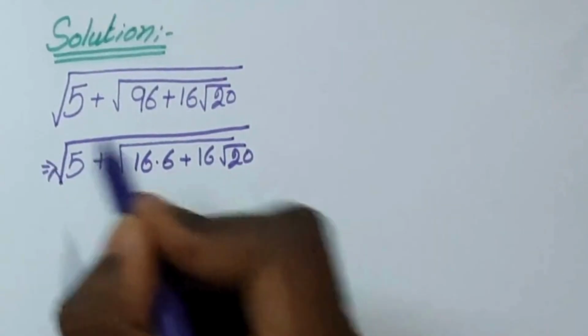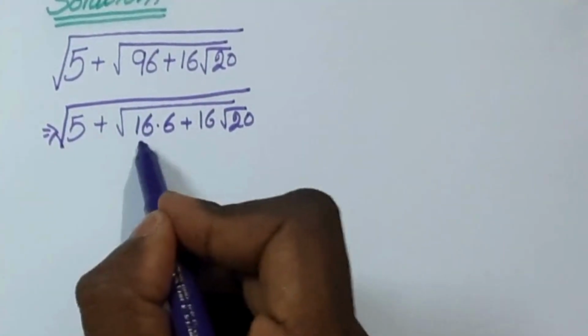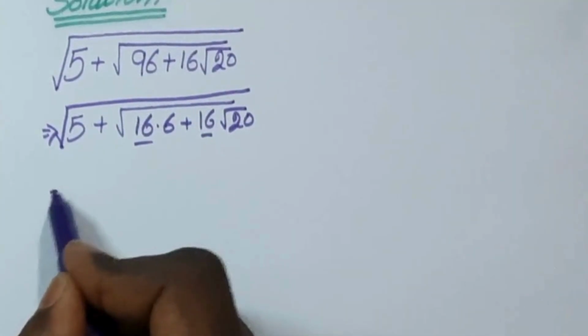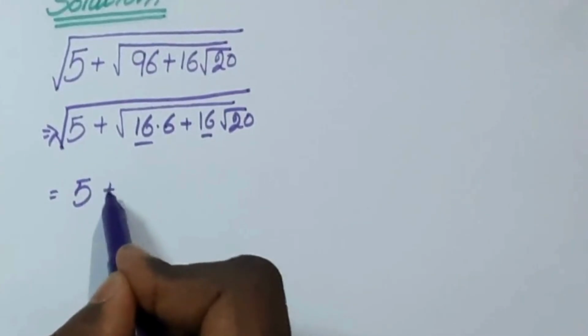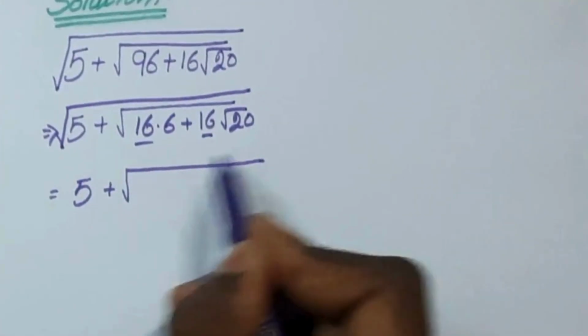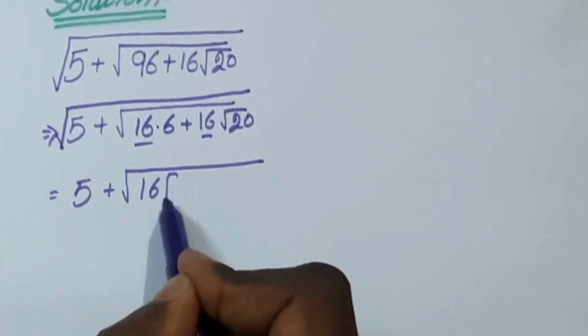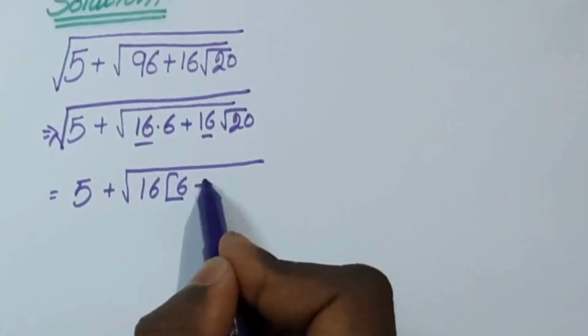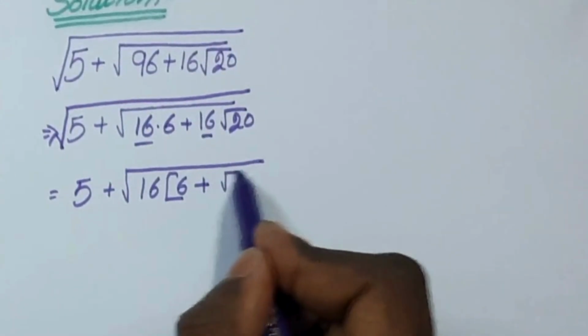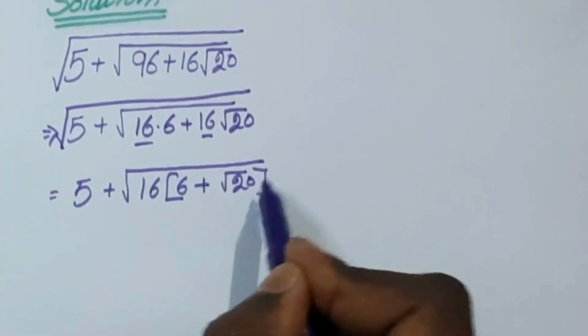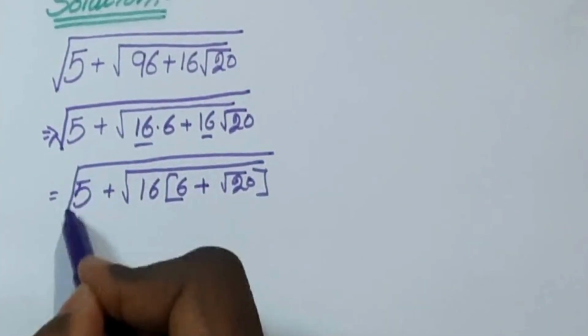Now we are going to take 16 common out from this. So 5 plus square root of 16 open bracket 6 plus the square root of 20, in whole square root.